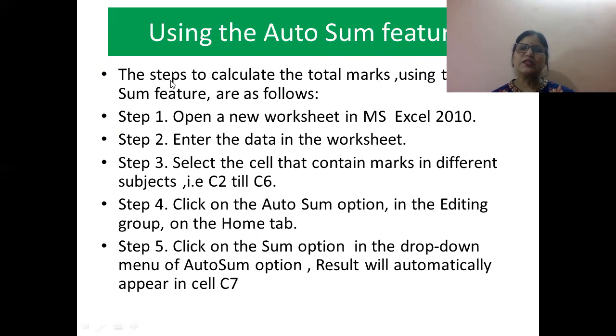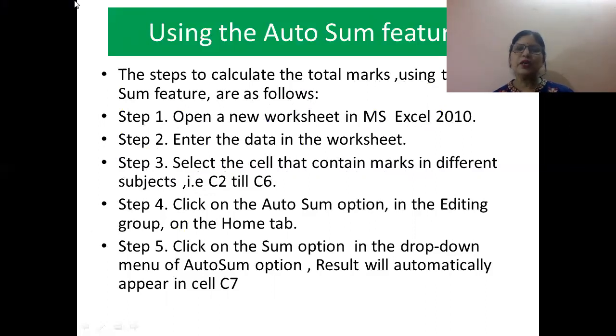The steps to calculate the total marks using the AutoSum feature are as follows. Step 1, open a new worksheet in MS Excel 2010. Step 2, enter the data in the worksheet. Step 3, select the cells that contain marks in different subjects, that is C2 to C6.